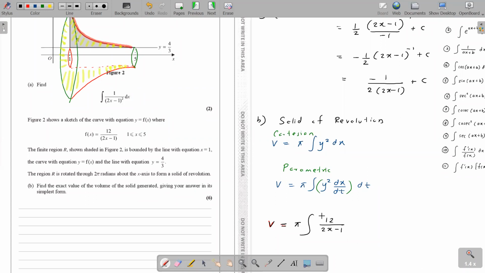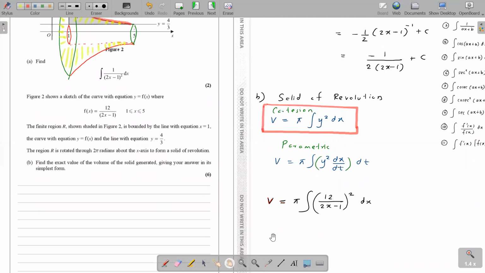So this is y square. Y square in the sense you use directly the square of 12 over 2x minus 1, pi y square dx. Do you agree? I'm using the Cartesian equation here. So volume is pi y square dx.